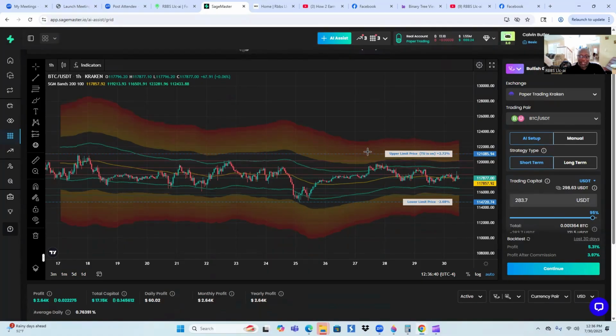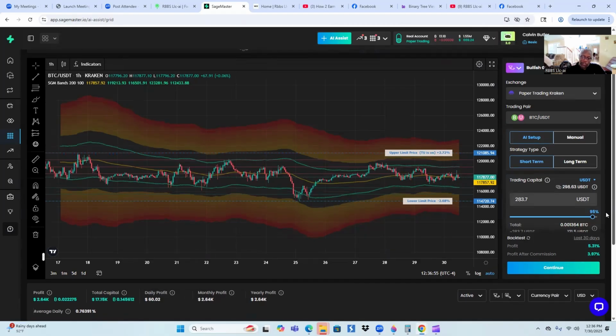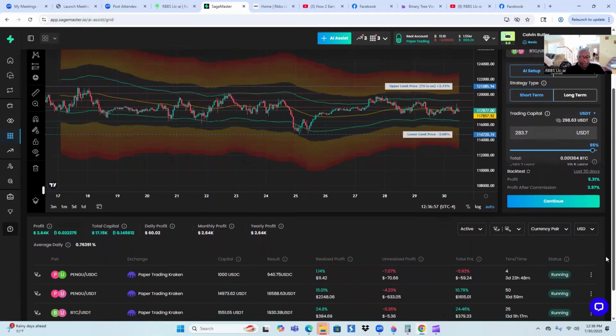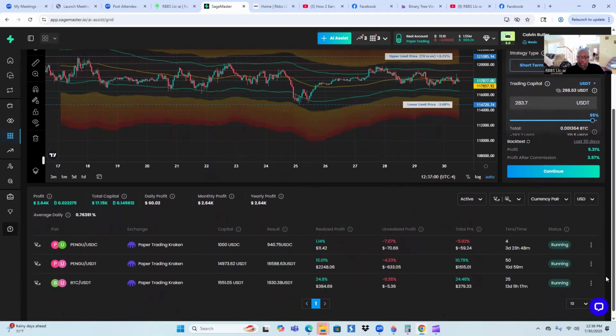I love it. As y'all can see with my account here today, my daily profit for today is $60.02. I'll break it down to y'all by each one. It's showing a total monthly profit so far.